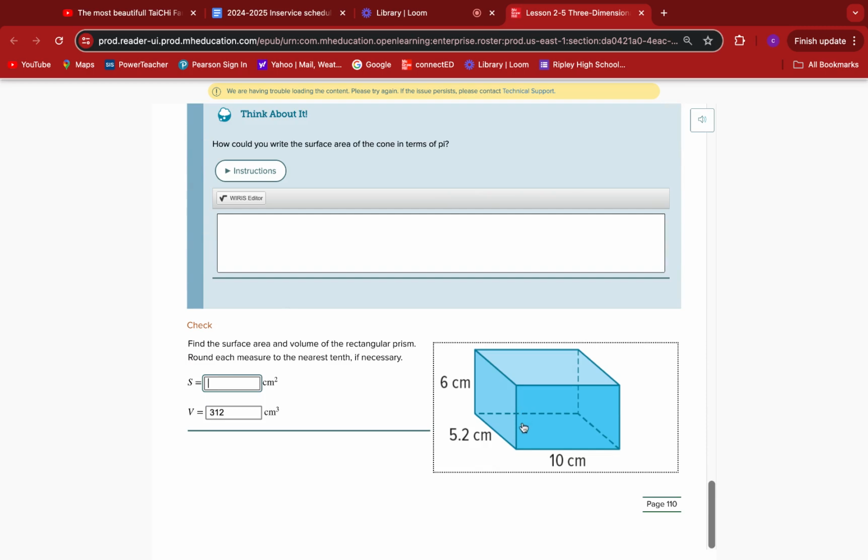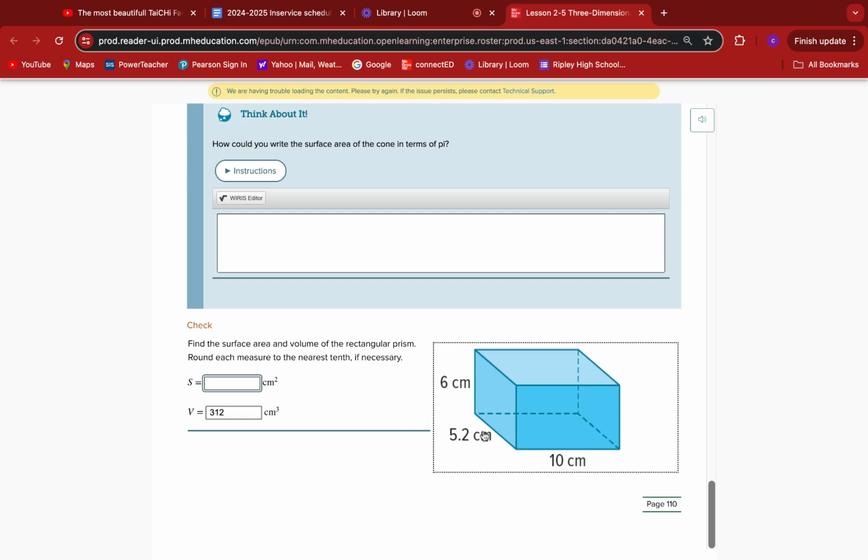All right, so I'm going to make the 5.2 and the 10 my base, and I'll make the 6 the height of the prism. So I'm going to find the perimeter of 10, 5.2, 10, 5.2. That's going to be my P times the height, 6, plus 2 times, and again, this is my base.